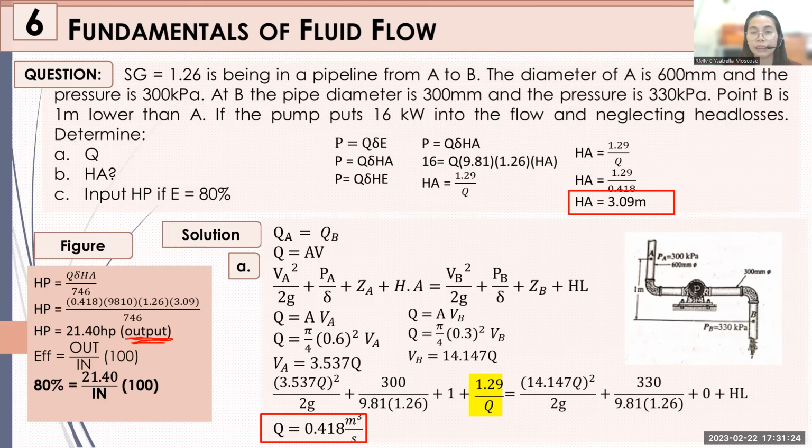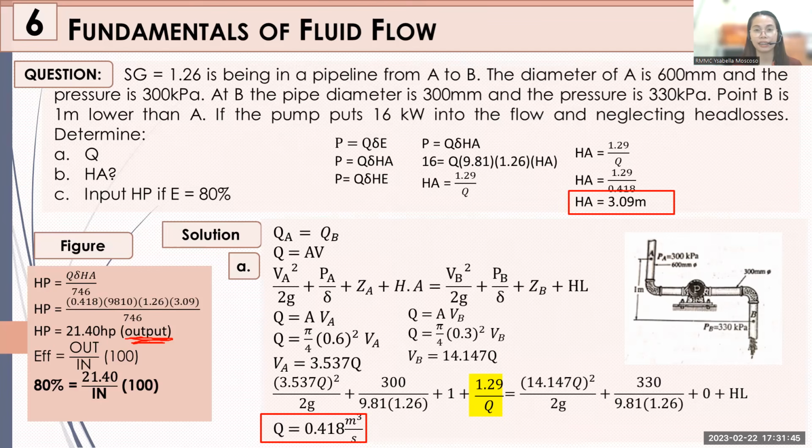So, if we take the input value of this, 80% is equal to 21.40 divided by the input power times 100. I hope I'm making sense as to why the output is your value in HP. Because that is the energy of flow.